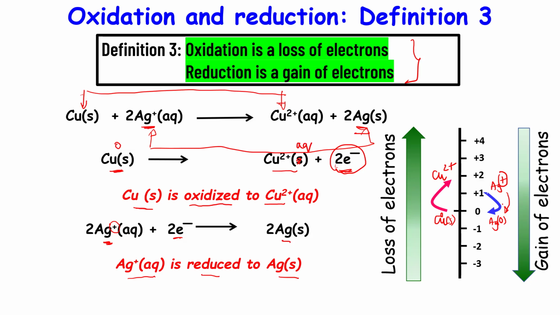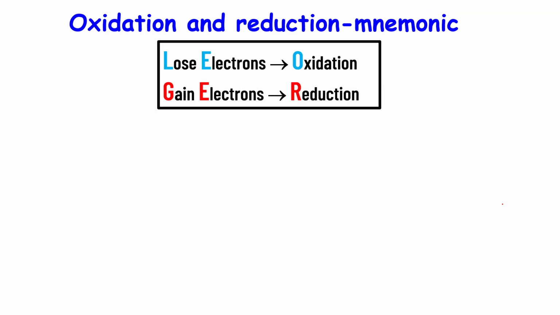Okay, so this is how you keep track of how the electrons are getting transferred in an oxidation reduction reaction. And if you want to use the electron definition, this is how you need to keep track of these charges. All right, so there are certain mnemonics, these are like funny phrases that you use to remember oxidation reduction reactions. Typically we say loss of electrons is oxidation, gain of electrons is reduction.